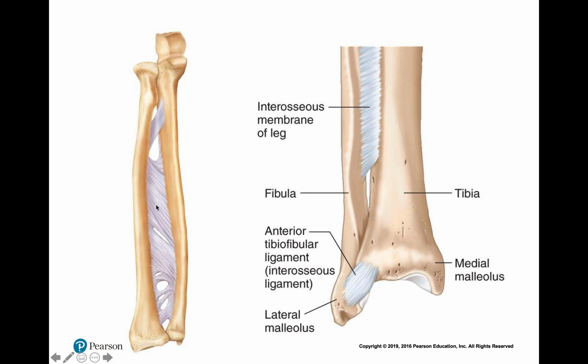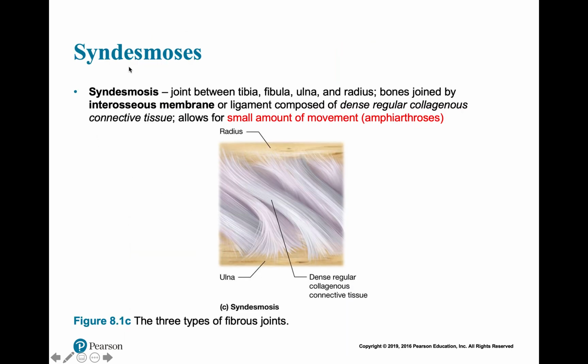Interosseous membranes and interosseous ligaments are examples of syndesmosis joints. Okay? Dense, regular, collagenous connective tissue that binds bones together, but it allows for a small amount of movement, so we classify syndesmosis joints functionally as amphiarthroses.